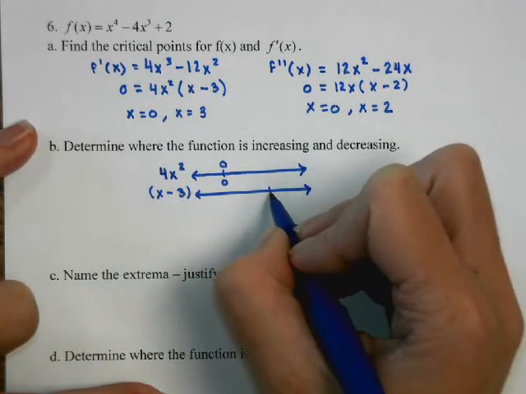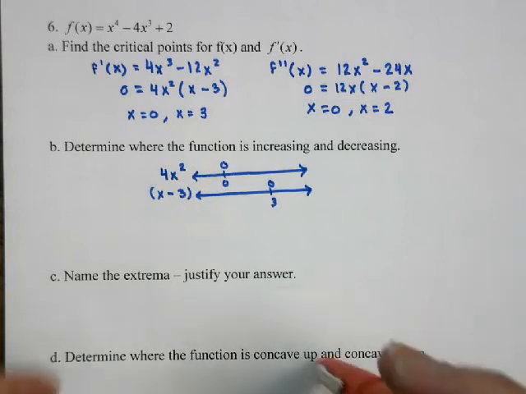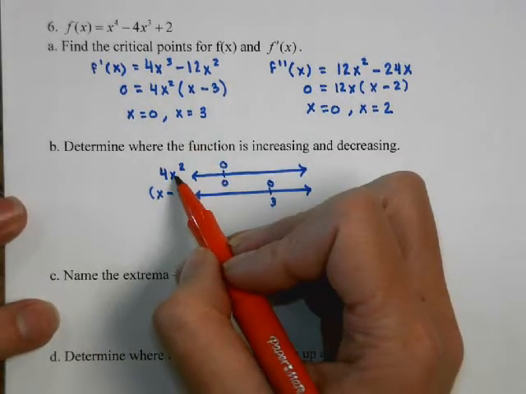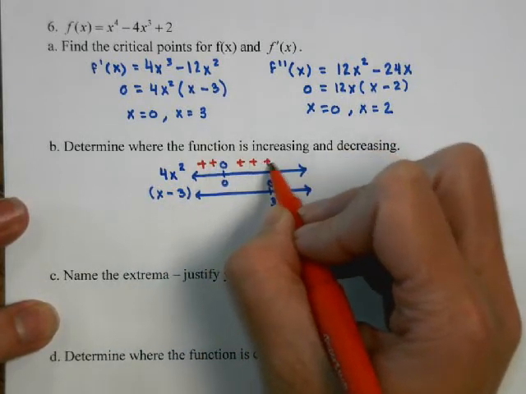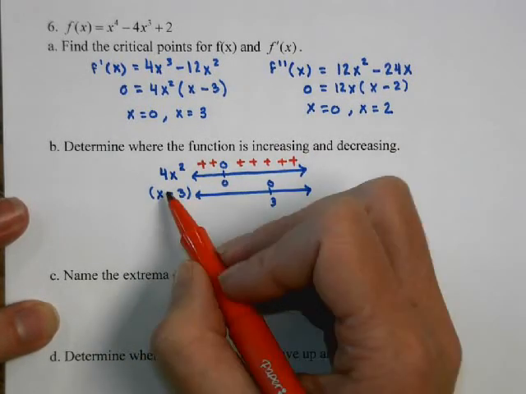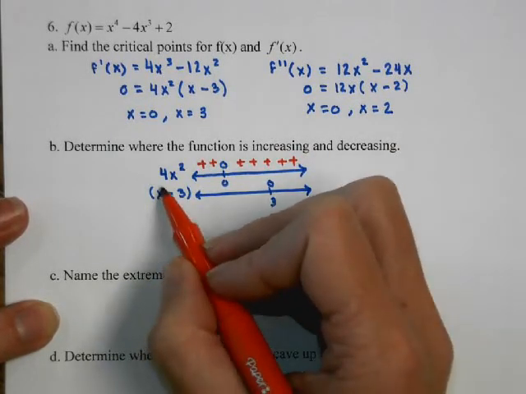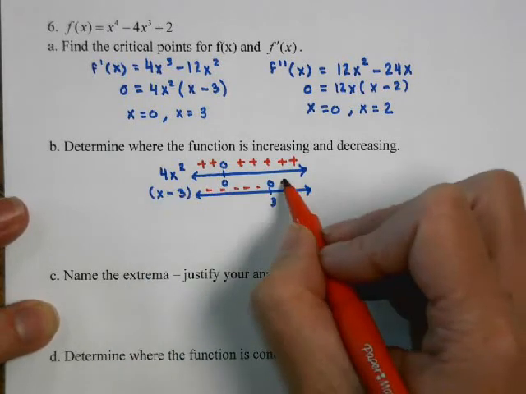This one is 0 when x is 3. Besides 0, 4x squared is always going to be positive. For this one, if I plug in a number less than 3, like 0, we're going to get a negative value. If I plug in a number bigger, we're going to get a positive value.